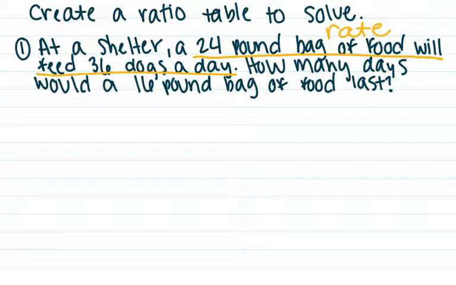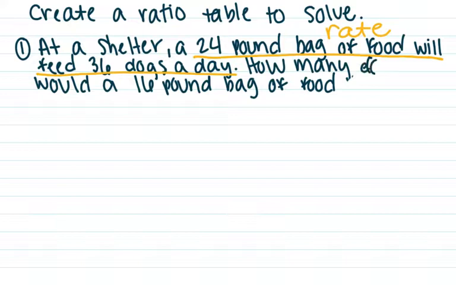So for my labels, I want to use pounds of food, and for the 36, I want to use the number of dogs fed. So really what this question should ask is how many dogs, not days. I must have written it incorrectly. Let me fix that right there. Let me rewrite this problem so it actually makes sense.